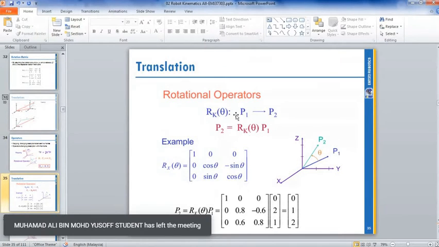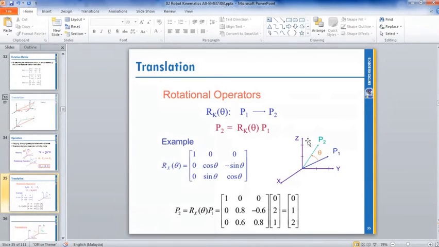Here is an example. If you rotate from point 1 to point 2, you have a rotation matrix. Rotate on which axis? Rotate on the X axis. So you must have a good imagination of 3D. So this one rotates on the X axis.